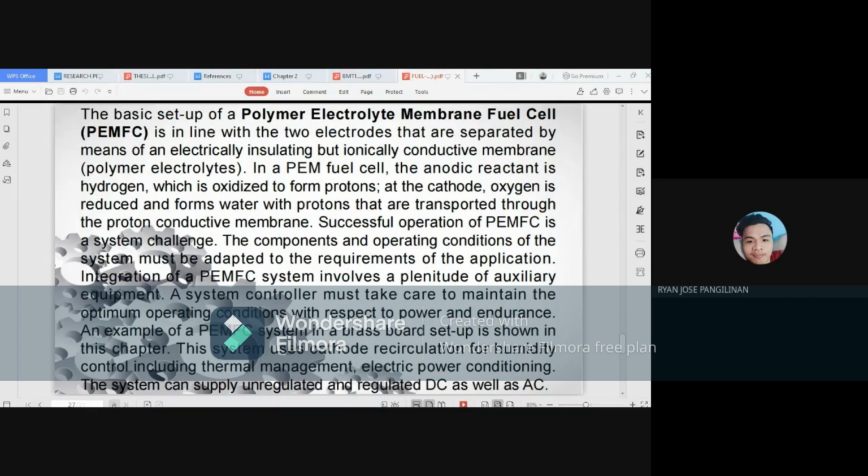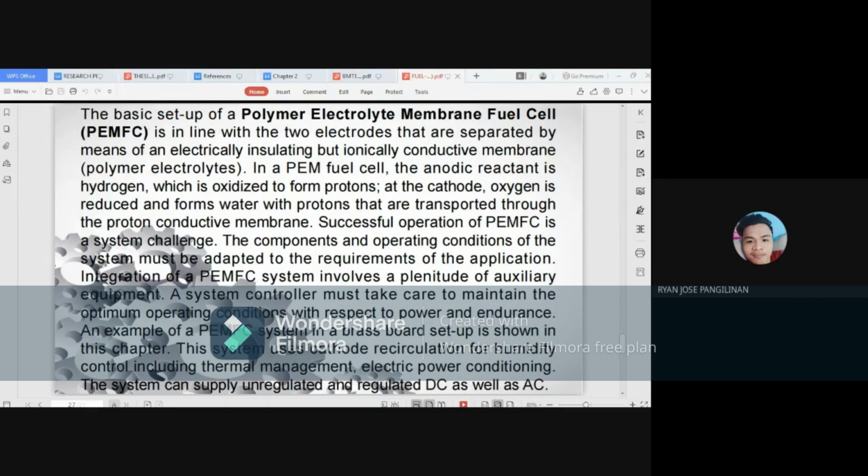Successful operation of PEMFC is a system challenge. The components and operating conditions of the system must be adapted to the requirements of the application. Integration of a PEMFC system involves a plenitude of auxiliary equipment. A system controller must take care to maintain optimum operating conditions with respect to power and endurance.